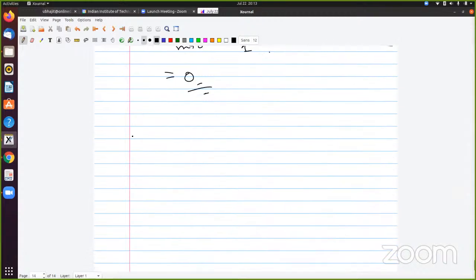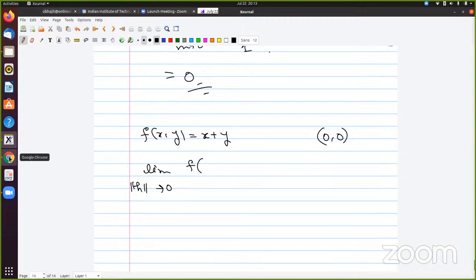So let's see what happens. f of x, y is x plus y. So limit norm of h tending to 0. At 0, 0 we are checking. So this is h1, h2 minus f of 0, 0, and the gradient, fx is 1, fy is also 1, right?